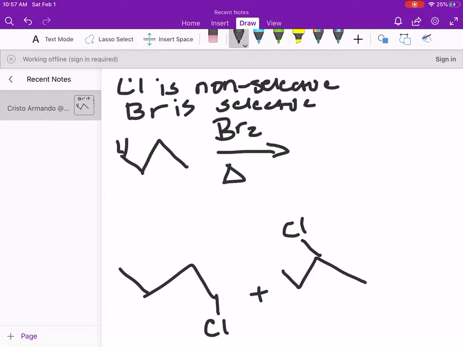Right? Well, this is going to be about 40% yield, 60% yield. But with bromine, you're going to have the following molecules.